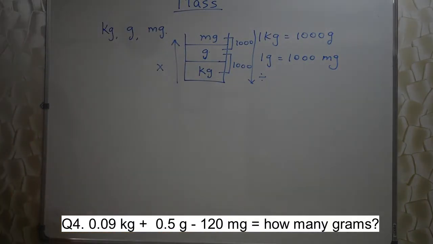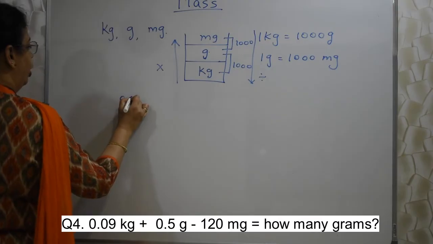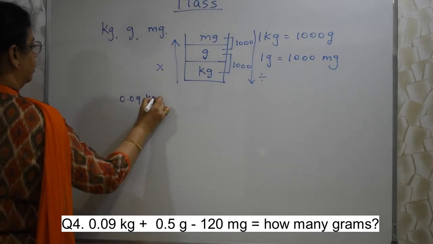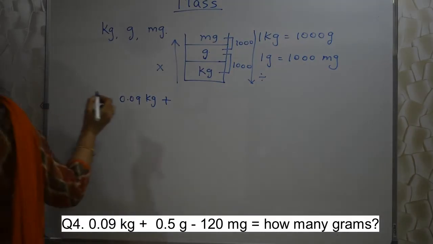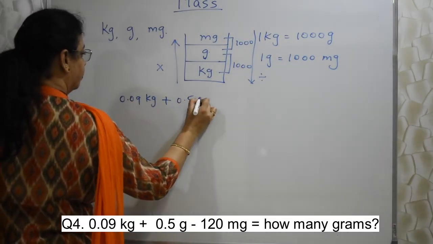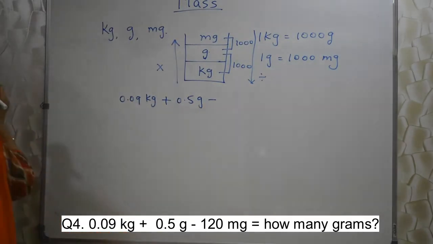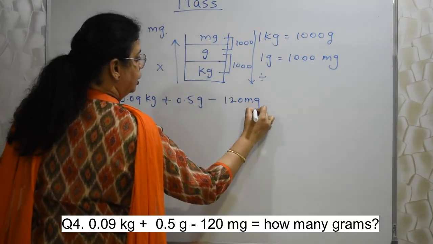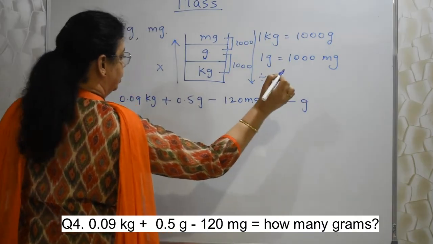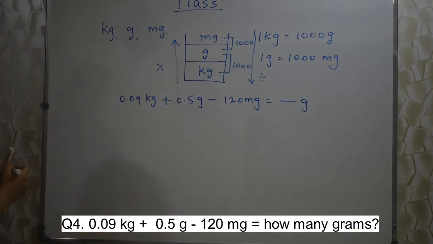It will be very simple, students, believe me. I am writing the sum: 0.09 kg plus 0.5 gram minus 120 mg is equal to how many grams? This is what they have asked.